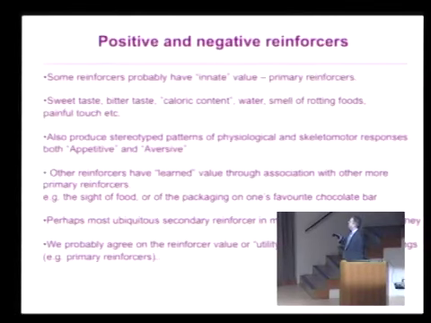And perhaps the most ubiquitous secondary reinforcer, a secondary reinforcer being a reinforcer that has value through learning as opposed to having innate value, is money, of course. Clearly, we all use money. It doesn't have any intrinsic value in its own right. It's simply something that is associated with our ability to obtain other kinds of more basic reinforcers. Although they do say money doesn't buy you love, it'll certainly buy you pretty much everything else.